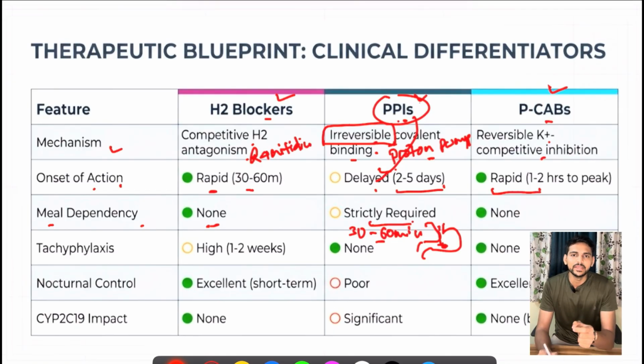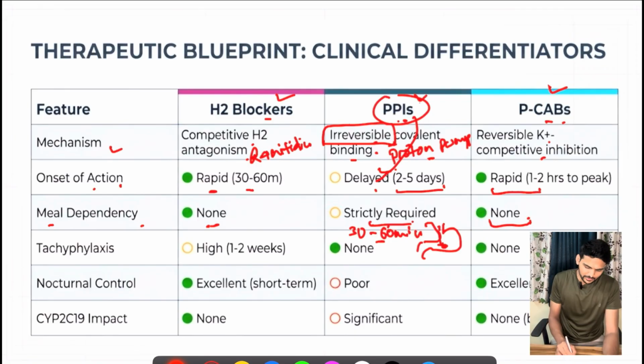Once the individual takes a meal, proton pumps will be activated, and these activated proton pumps are the targets for the activated proton pump inhibitors. That's why if these drugs are taken with meals, the proton pumps will already be activated, but there will be failure of conversion of PPIs from prodrug to active drug, so their action will not be seen. Whereas PCABs are again not related to meal intake, so any time before, during or after food, we can advise these medications.